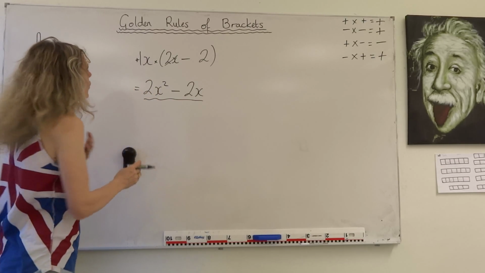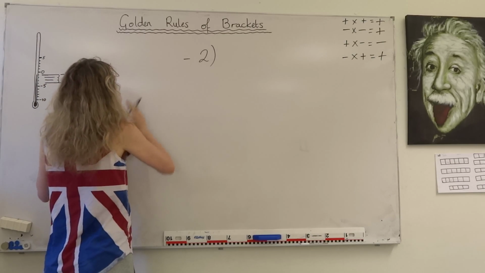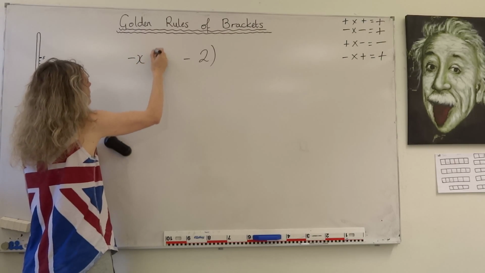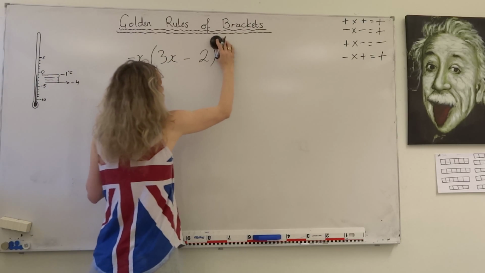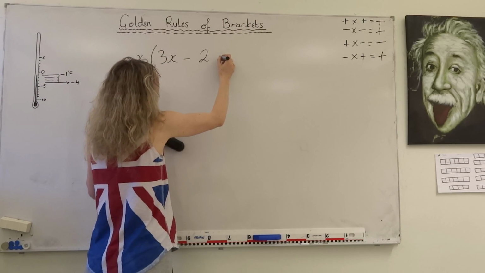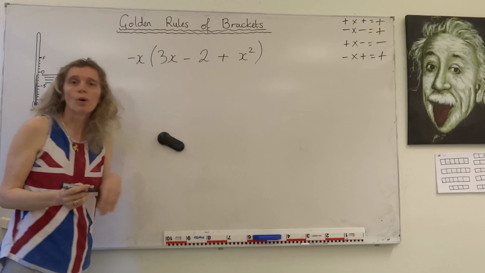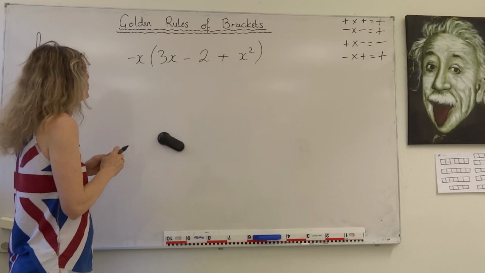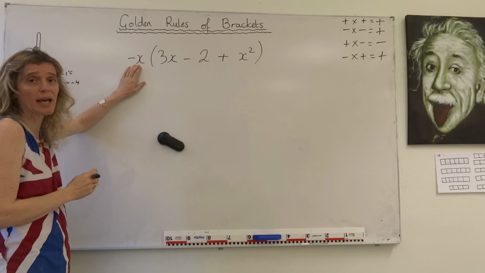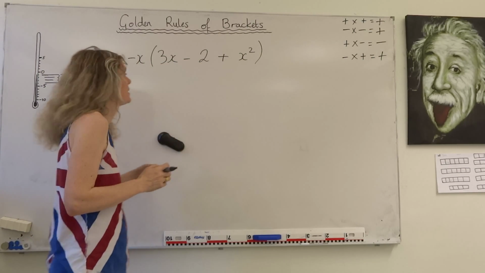What do we do then when we've got a really long string of numbers? This was quite interesting. We'll have a minus x here multiplied by 3x minus 2 plus x squared. What do we do now? Well, we do exactly the same thing as we do before. We multiply the number that's in front of the bracket by every single number after the bracket, one step at a time.